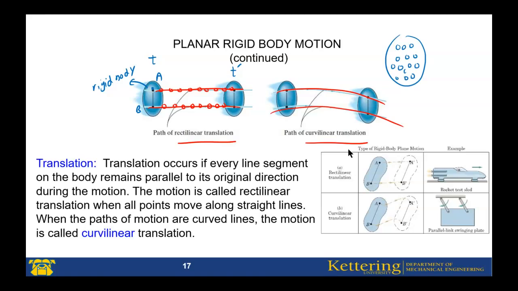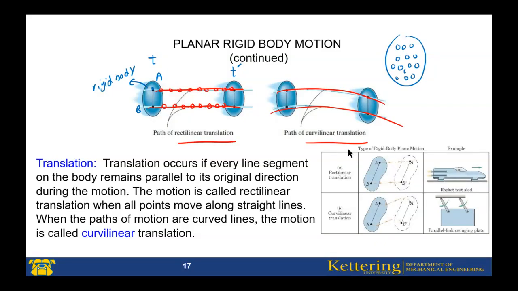This is an explanation of what I just explained. Translation occurs if line segments remain parallel. This motion is called rectilinear, as you know, if all points move along a straight line.